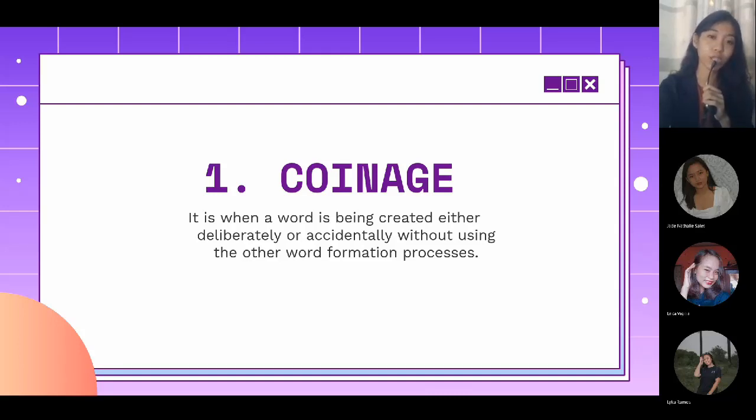The most typical sources are invented trade names for one company's product which become general terms for any version of that product. For example, Band-Aid. Band-Aid is a company name, but now we're using it as a new word for a bandage, a small sticky bandage.